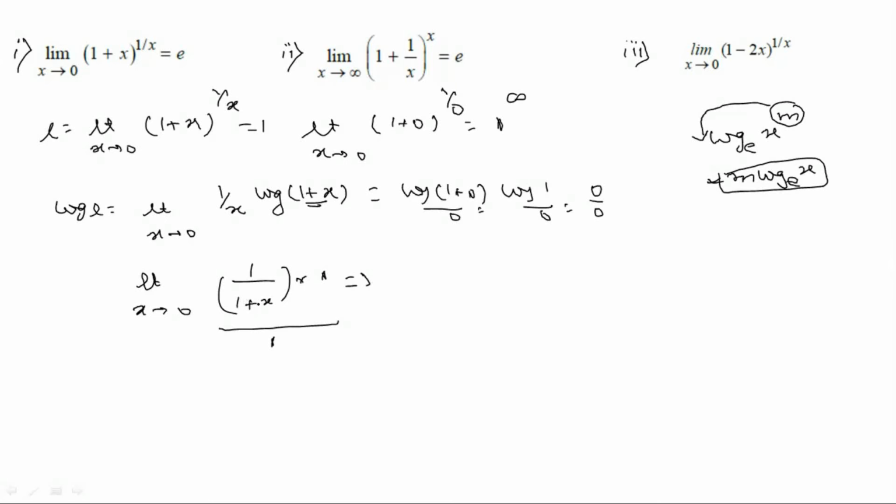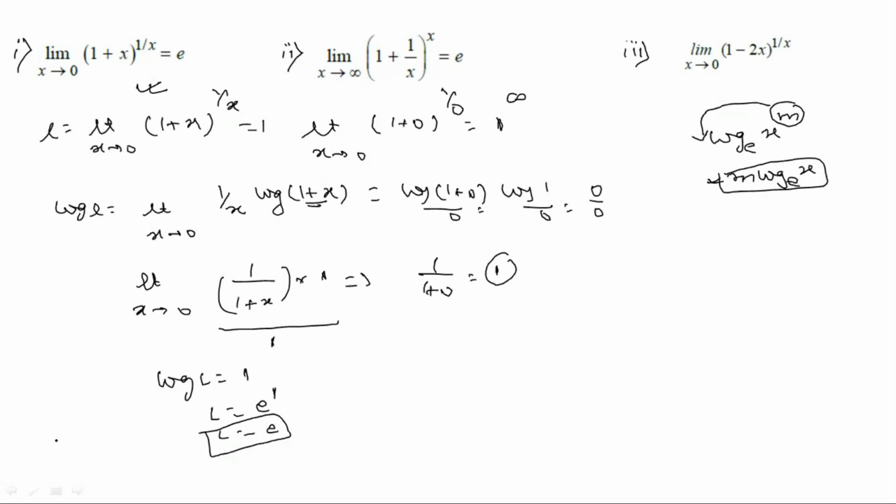Now we put x equal to 0, it is 1. Now this is evaluated to log L is equal to 1. It means that L is equal to e to the power 1. So L is equal to e. We have proved that. Okay.